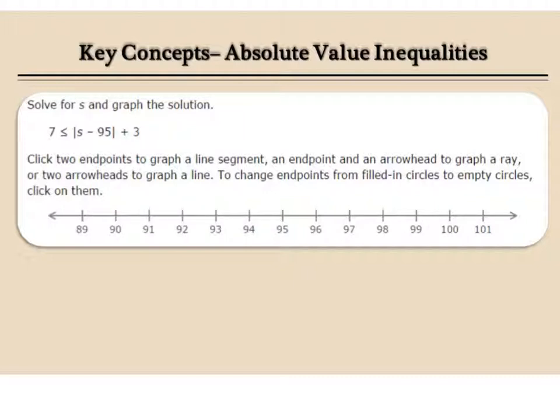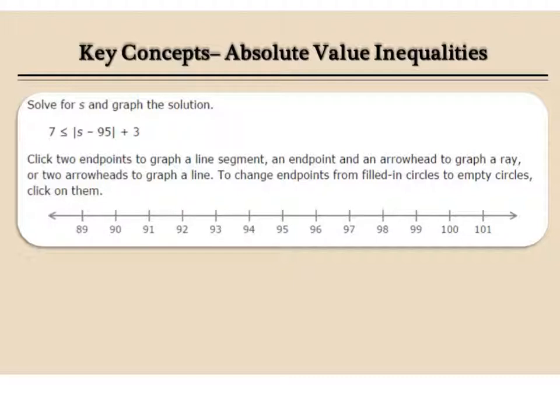So if you notice, on this inequality, I have this plus 3. So I need to subtract it before I start. So I'm going to subtract the 3 from both sides, and 7 minus 3 is 4. So I'm going to start out with 4 is less than or equal to the absolute value of s minus 95.